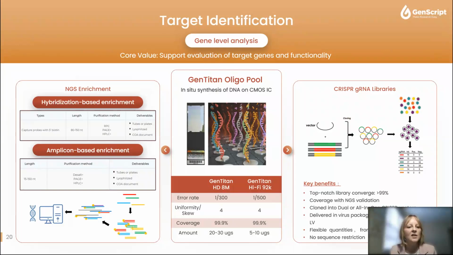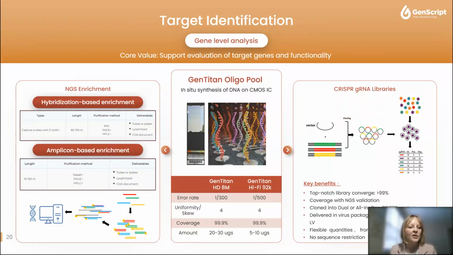These are designed to cover a wide range of target genes, enabling that exploration of a broad landscape of potential targets. NGS allows for high throughput sequencing and analysis of genetic material. That information can then help you prioritize targets for further identification.